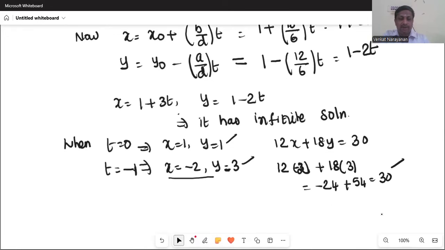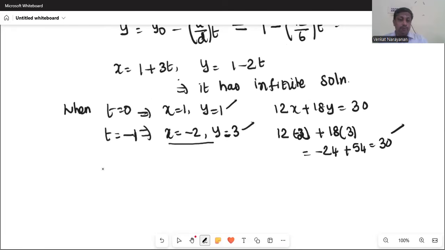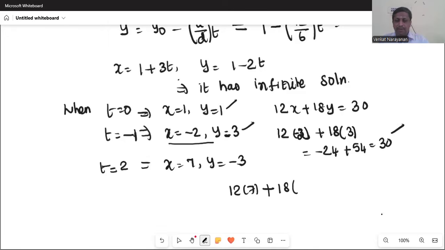Suppose we assign t equal to 2. We get the x value as 7 and the y value as minus 3. Now check: 12 times 7 is 84, plus 18 times minus 3.